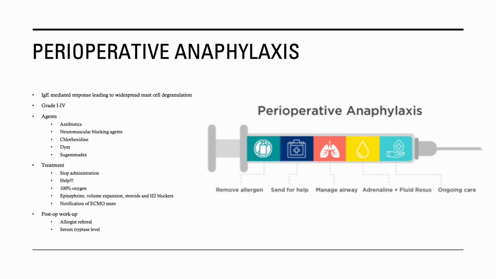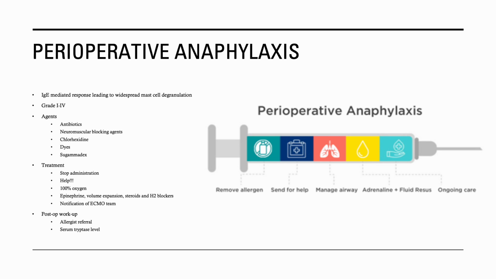So since the mast cell degranulation leads to widespread vasodilation, we need to use volume expanders to fill this empty space. And epinephrine. Epinephrine is the best IV drug that we can use to directly treat the issues going on with an anaphylactic reaction.